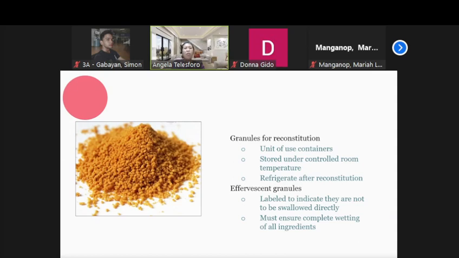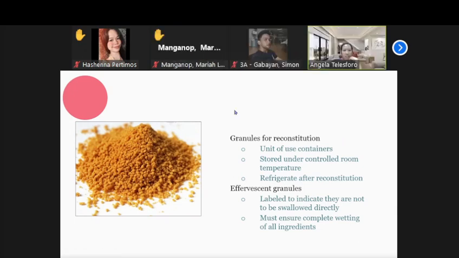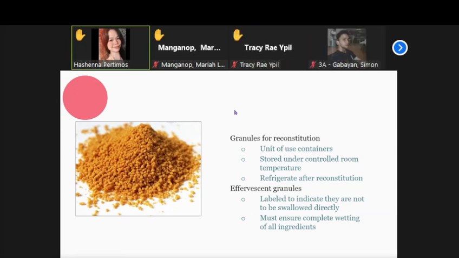Effervescent granules. So, what do you mean by effervescent? It contains sodium bicarbonate, and it releases carbon dioxide when it is in water.